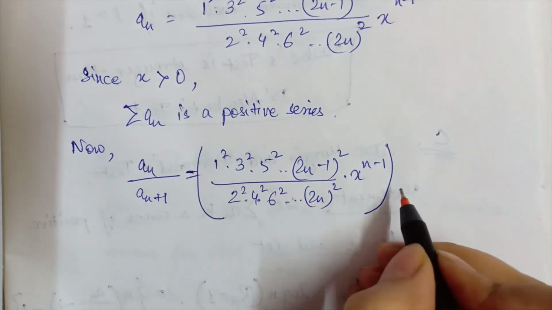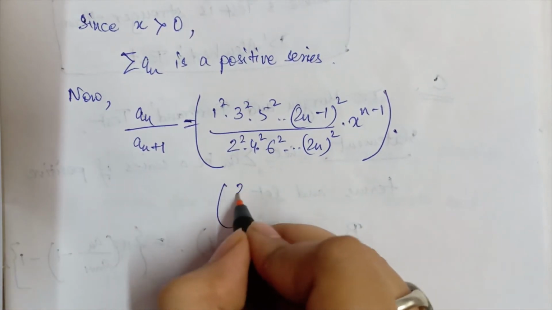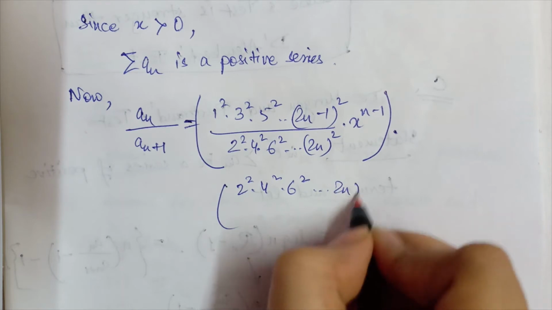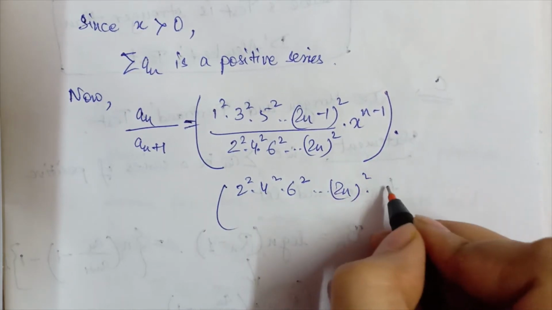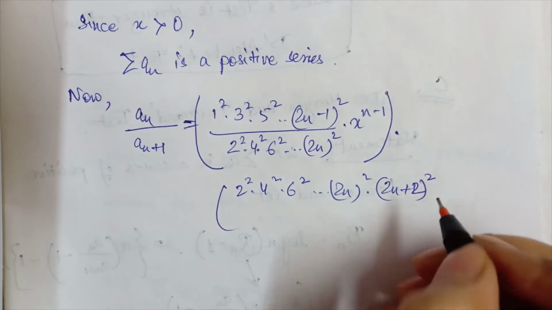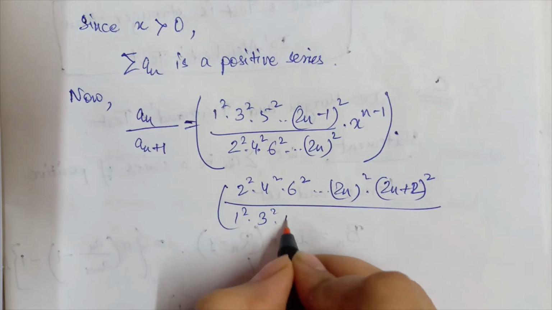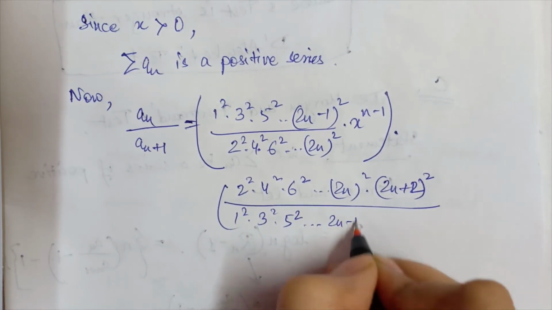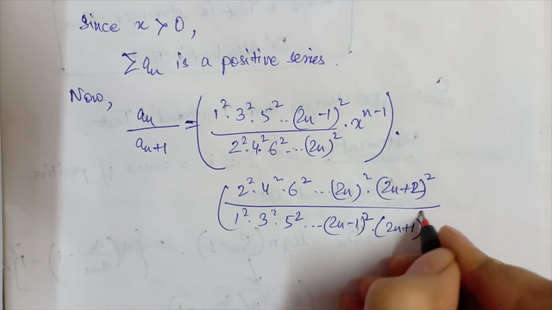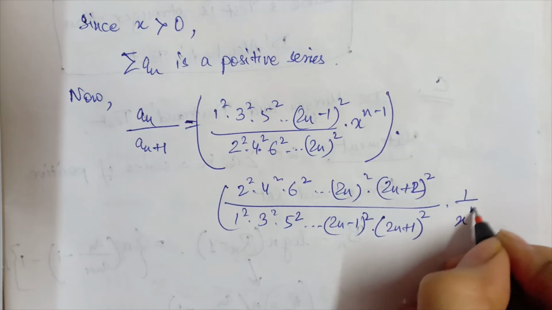This is multiplied by 2 square into 4 square into 6 square till 2n square into 2n plus 2 whole square by 1 square, 3 square, 5 square till 2n minus 1 whole square, 2n plus 1 whole square into 1 by x to the power of n.